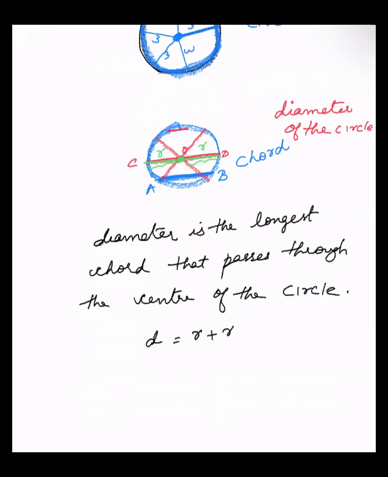From where am I getting r plus r? From the center to the circumference is one r. Similarly, from the center to the right side circumference, that is another r. So r plus r is 2 times the radius. So diameter is 2 times the radius of a circle.